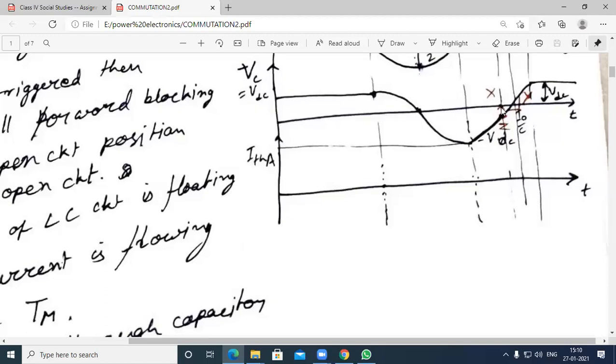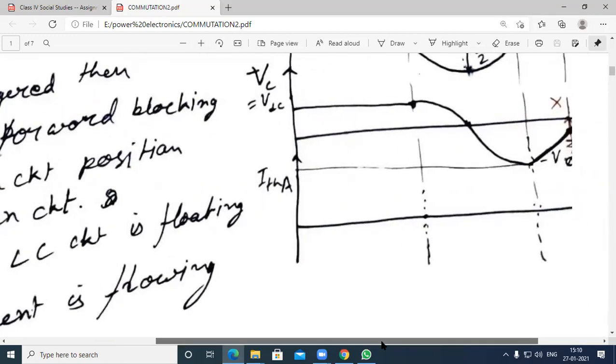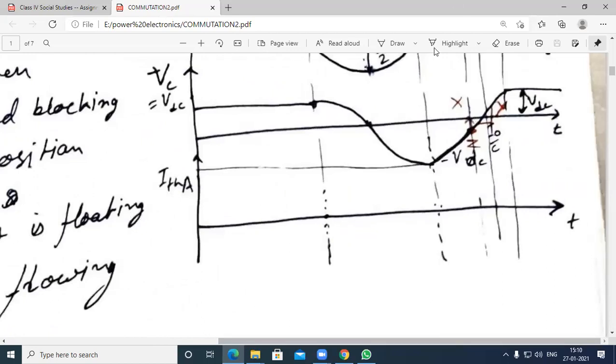So XZ by XY equals I naught by C, where XZ equals VAB and XY is Tc.